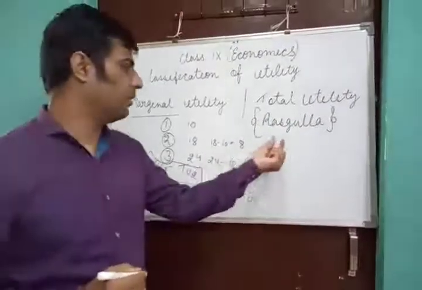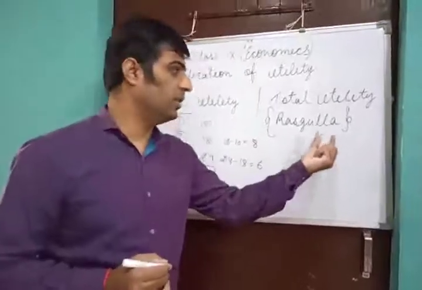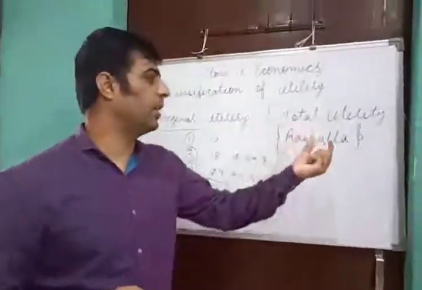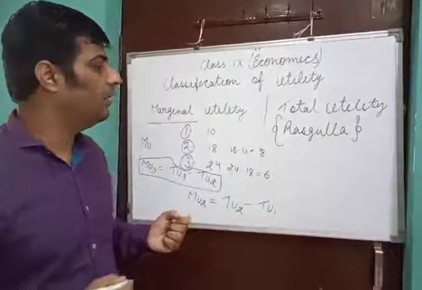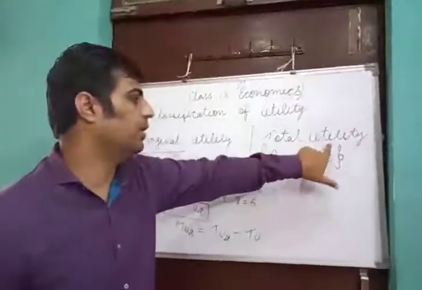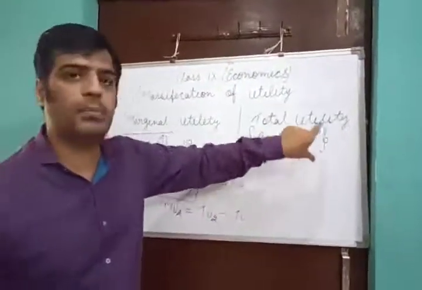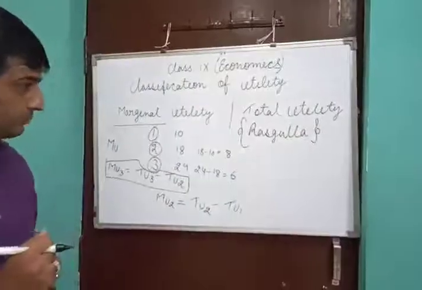If he is eating 5 pieces of rasgulla, 5 units of rasgulla, the total utility which he gets by consuming 5 pieces of rasgulla is called total utility. It is the sum of utility by consuming 5 pieces of rasgulla.